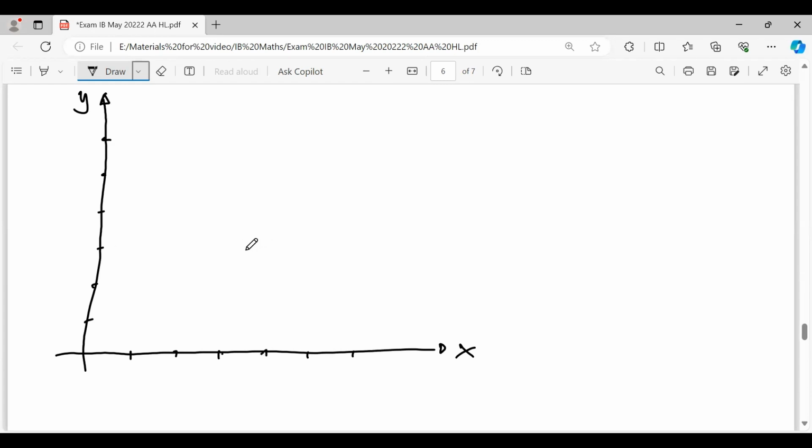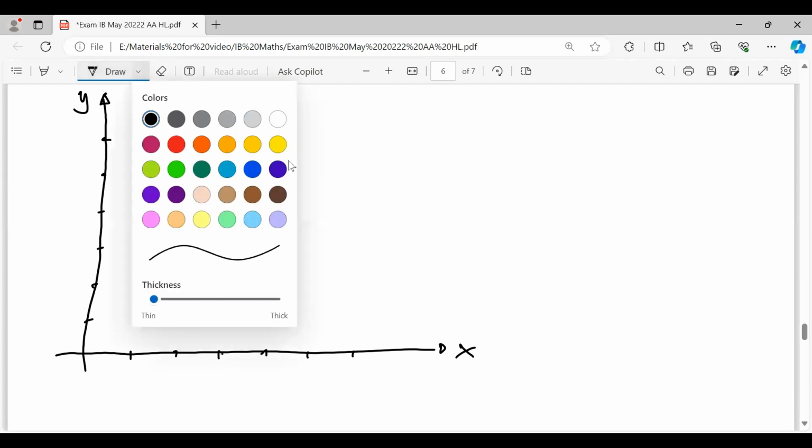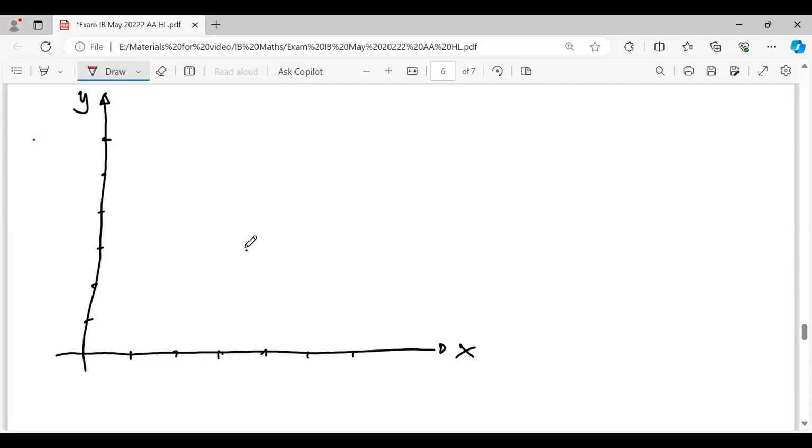So wait, I'm going to use another color. Around here.